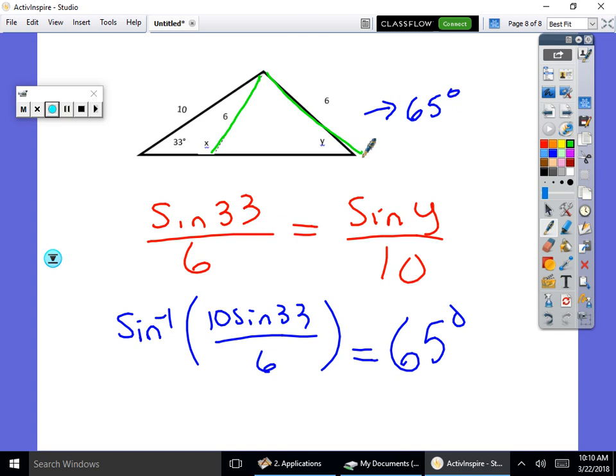I know it's not drawn to the best, but what do you notice? They're equal. So if this guy is 65, then this guy has to be 65. Oh, and you remember how I kept telling you we have to look for the linear partner when it's a donkey? Yeah, linear pair. Because I don't know if it bends in or bends out. So who's the linear partner for 65? 115. They give it away with the picture that it's a double donkey. Cool? Easy? That is the end of the review.